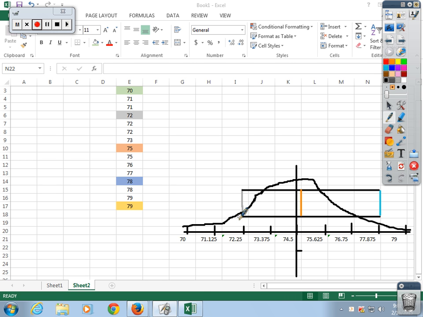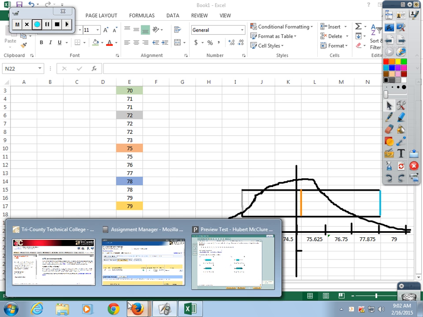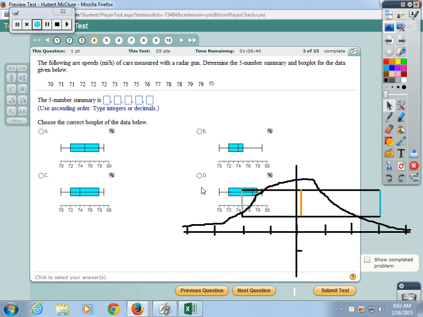So what do you do on your test? Well, you find these numbers, and then you find the box plot that's a little bit to the right of center. So you go back to your handy dandy test and you write down those numbers. 70. Somebody give me the next one. What was the next one?